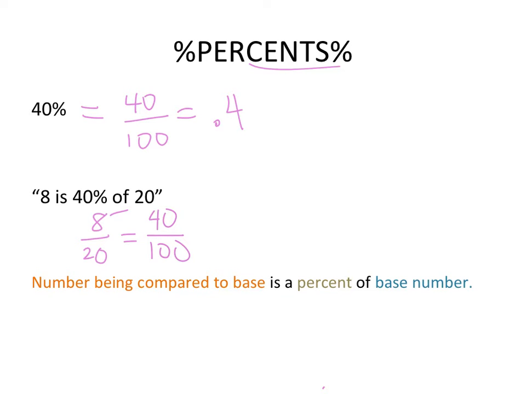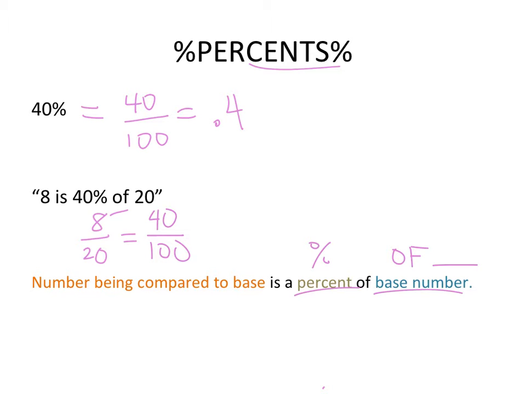So whenever we're dealing with percents, we're dealing with a number that's being compared to our base number, and our percent. And again, whenever you hear of a number, that's your base, okay? Percent is obviously the number in front of the percent. We want to take the numerical equivalent, and the number being compared is the other number that you're working with.